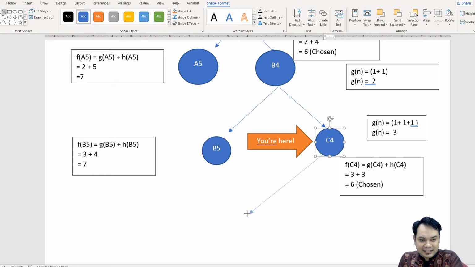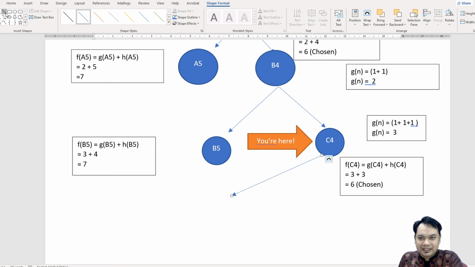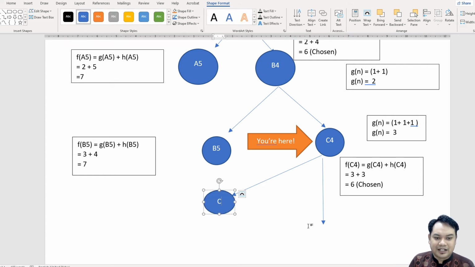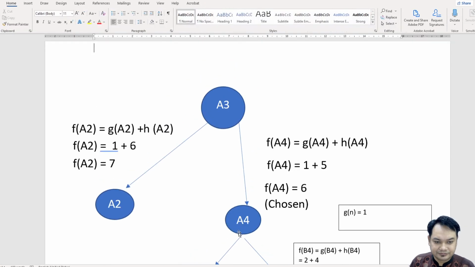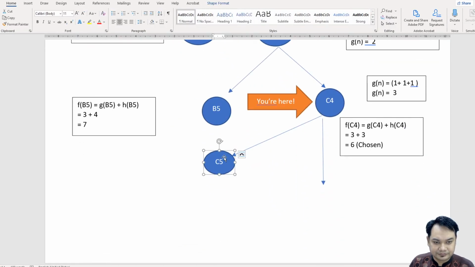So, we try to calculate. Okay, pergi ke sini. Okay, pergi sini. Okay, the choice would be C5 or D4.